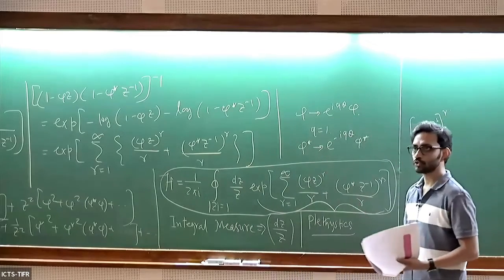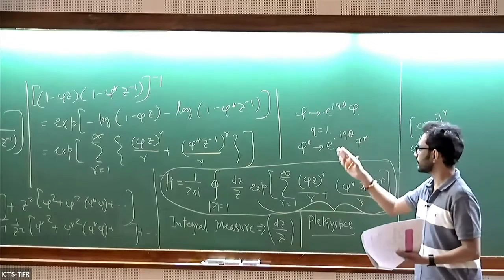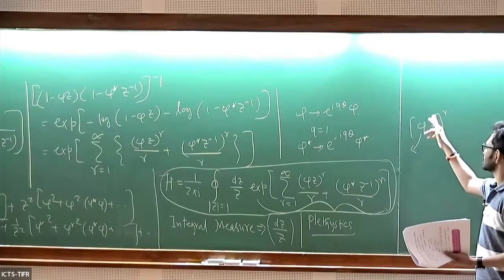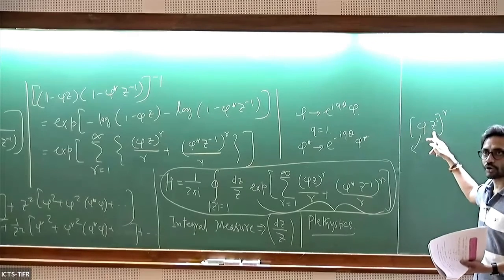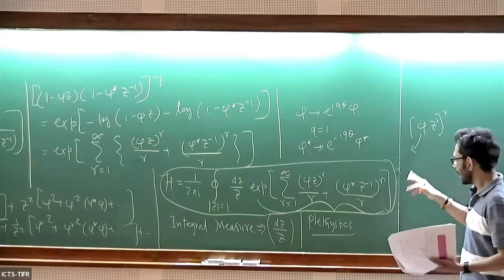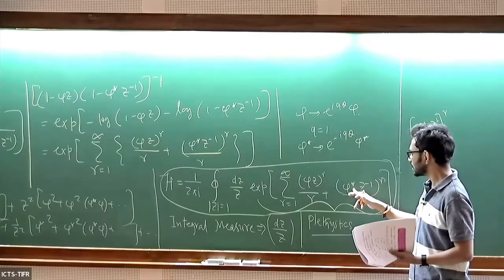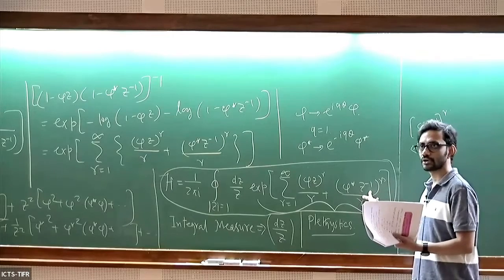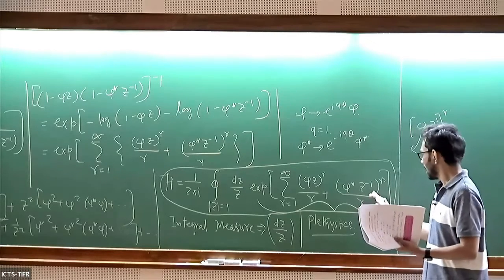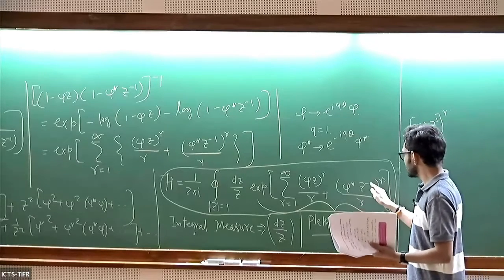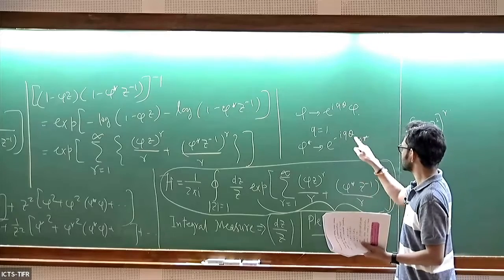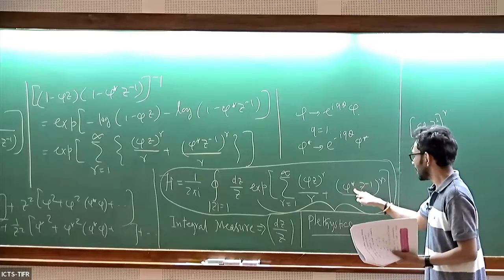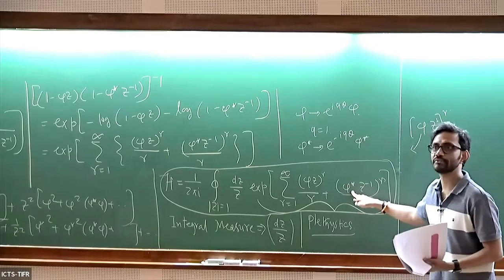So I have now two variables, phi and phi star. Phi is associated with some complex coordinate z, and similarly phi star, the conjugate, is associated with the inverse of this coordinate. Why the inverse?